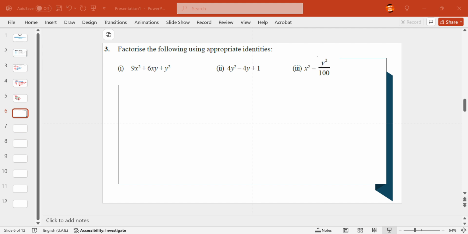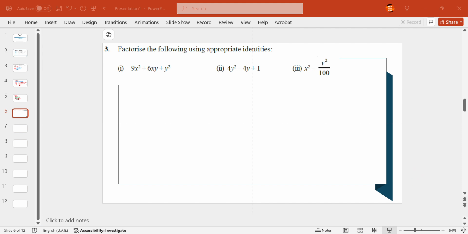Understood? And if they are not perfect squares, if the third term is not a perfect square, then check with x plus a times x plus b.